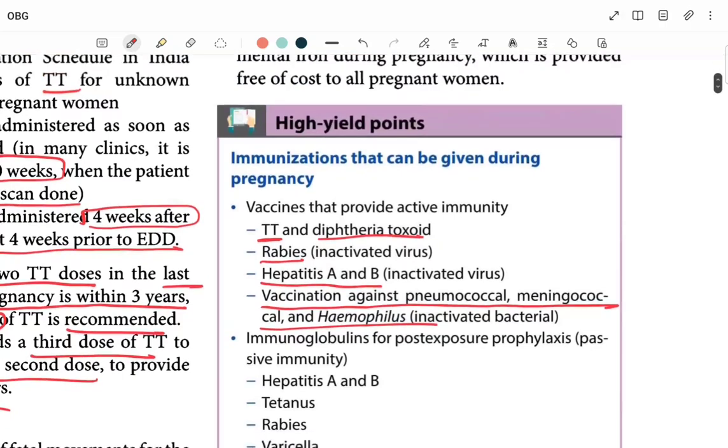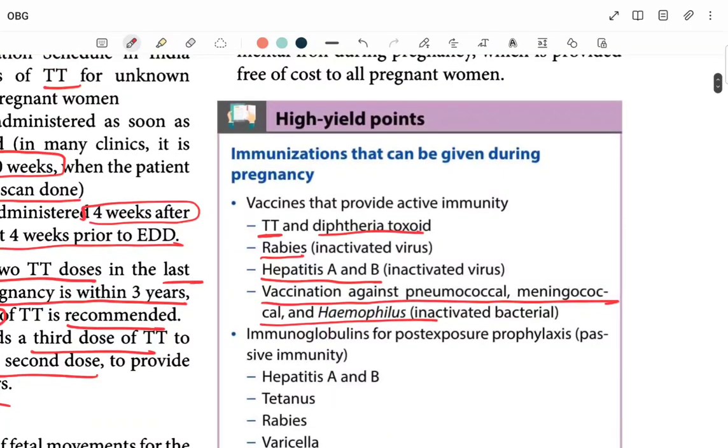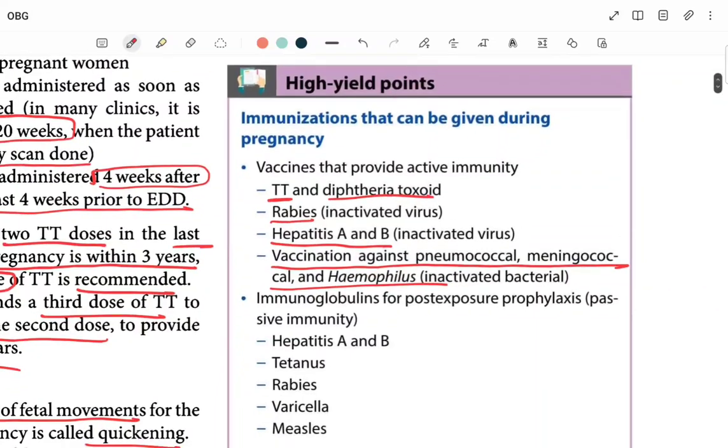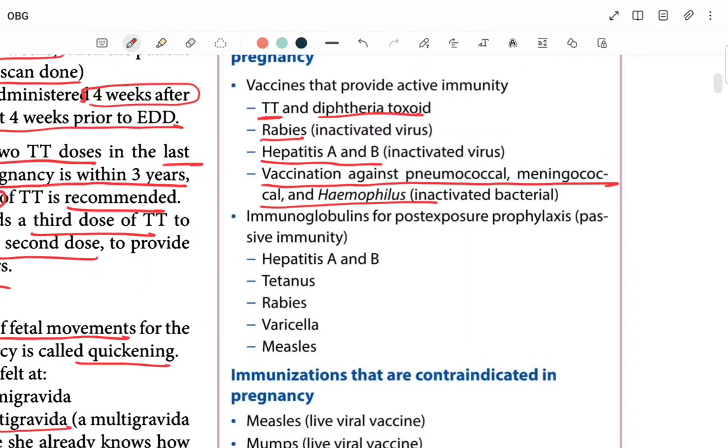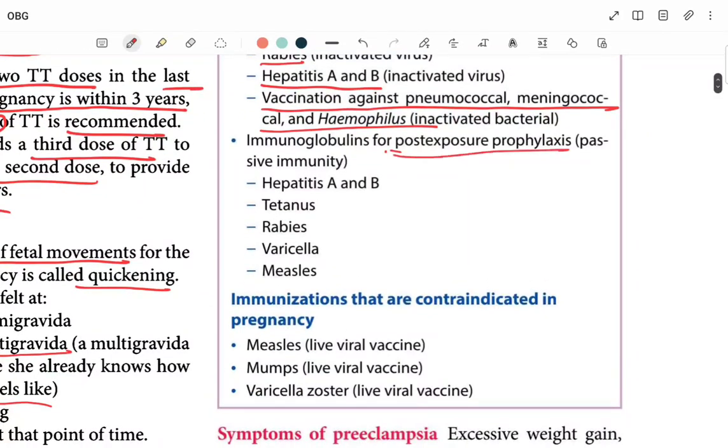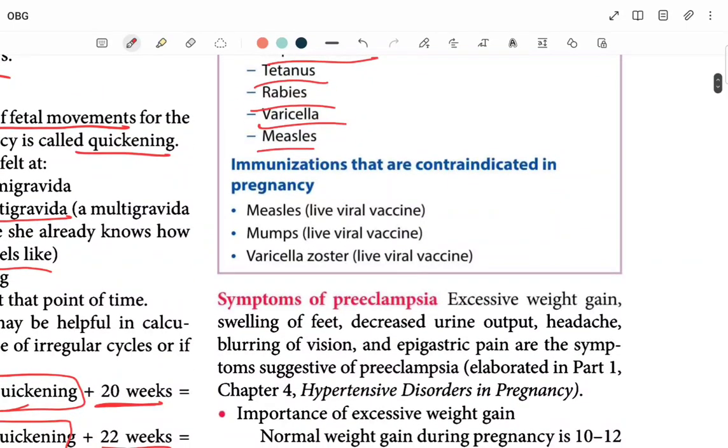All of these can be given during pregnancy.